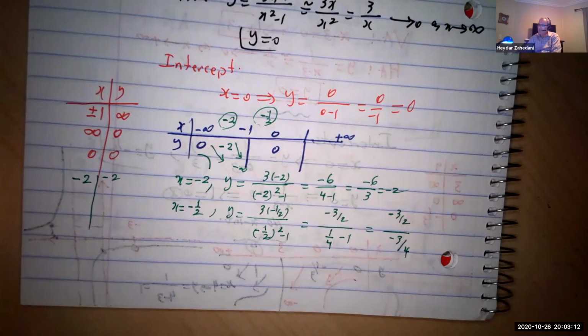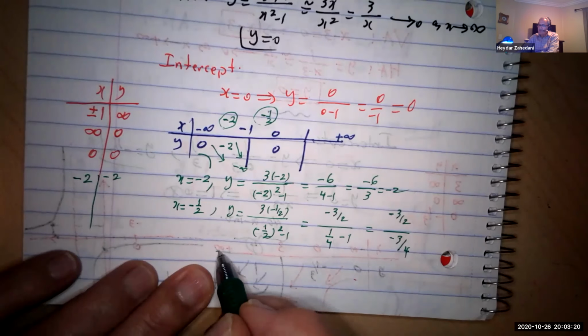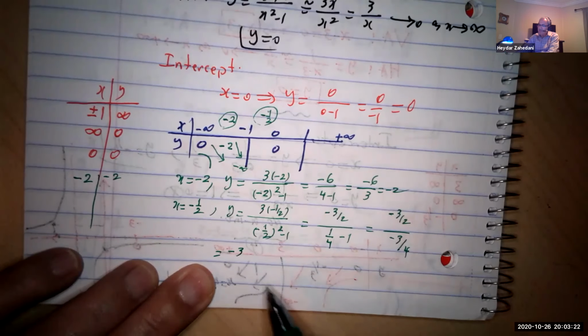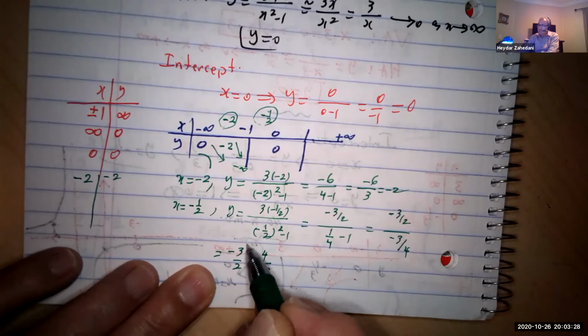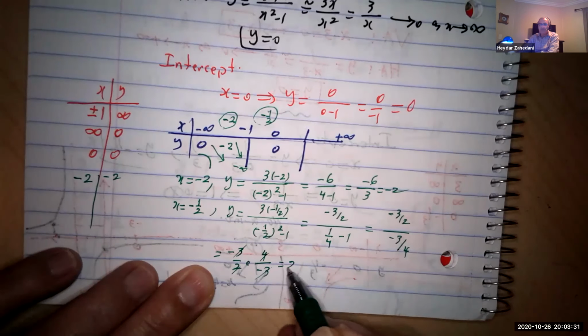A quarter minus 1, you get negative 3/4. And if you simplify it, you know that it's going to be negative 3 halves times the reciprocal, which is 4 over negative 3. So these two would cancel out, everything would cancel out. That gives you 2.